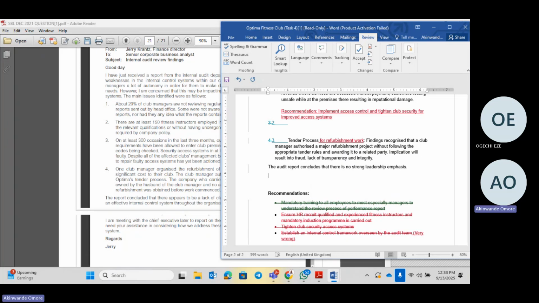Let me help out with the recommendation. No, they must sanction the club manager. Arraign the club manager at staff disciplinary committee and sanction appropriately.